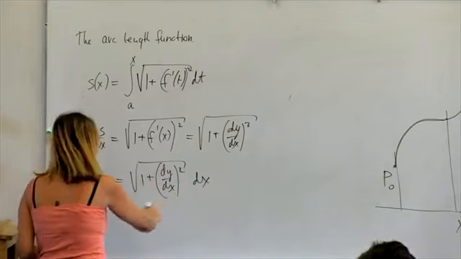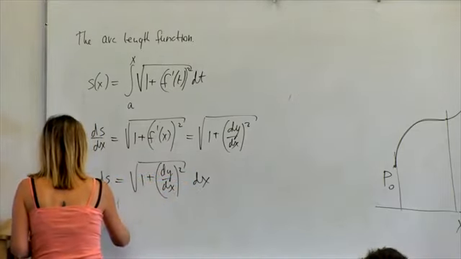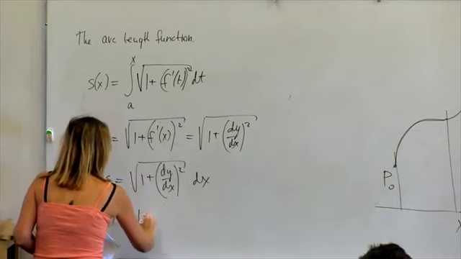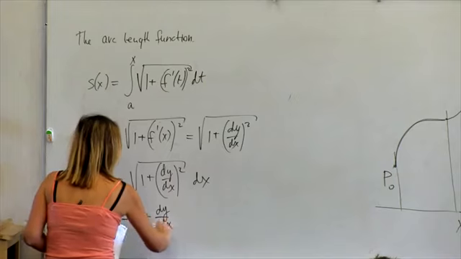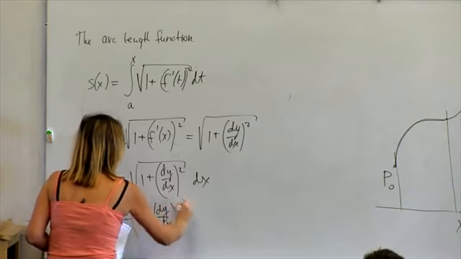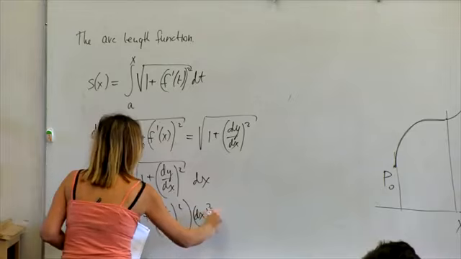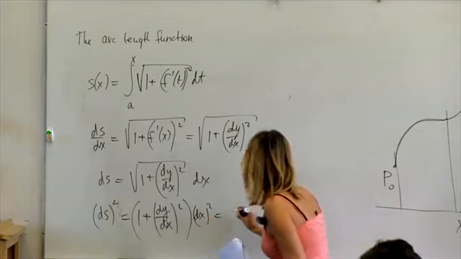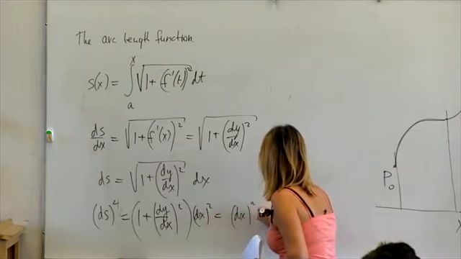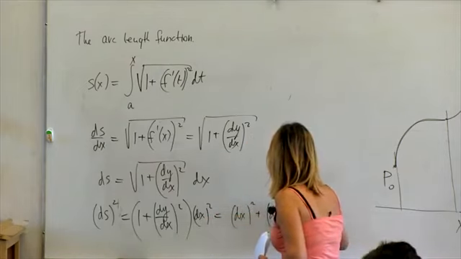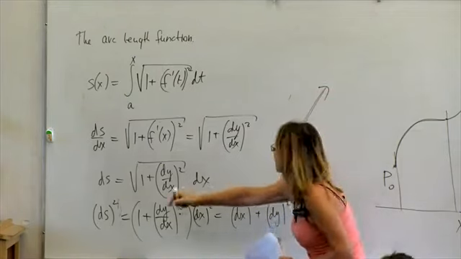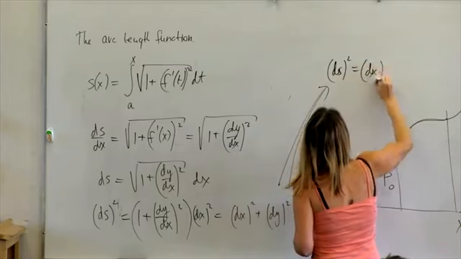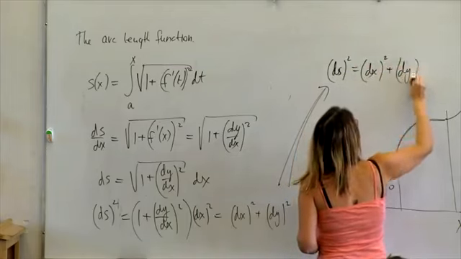Now I can square the whole thing. Let's square it. I have ds squared equals 1 plus (dy/dx) squared times dx squared. And I can multiply by dx through, so I get dx squared plus dy squared. So to rewrite this all together, I get ds squared equals dx squared plus dy squared.